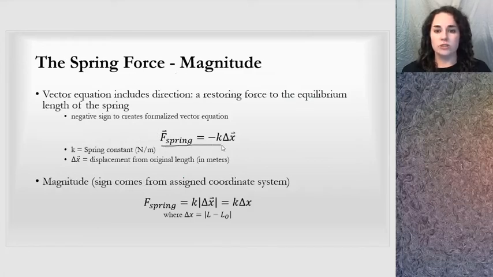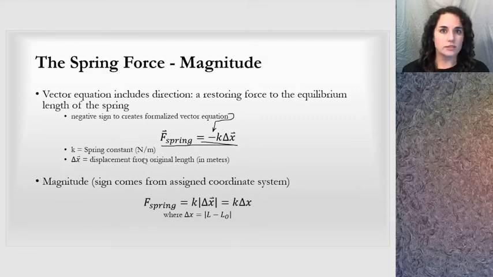Here's the vector relationship between that displacement vector and the spring force. Notice there's a negative sign, which I had been suggesting, that these two oppose one another in direction, but they're equivalent proportionally. There's this constant in here, and what we call this is the spring constant.